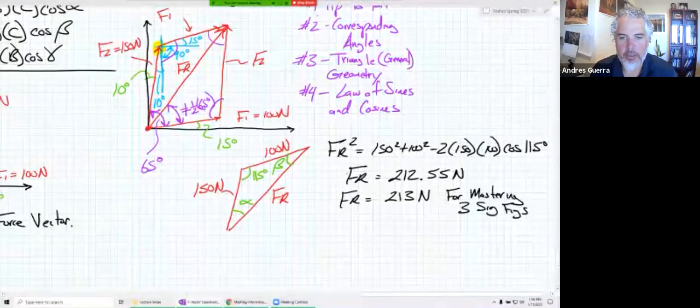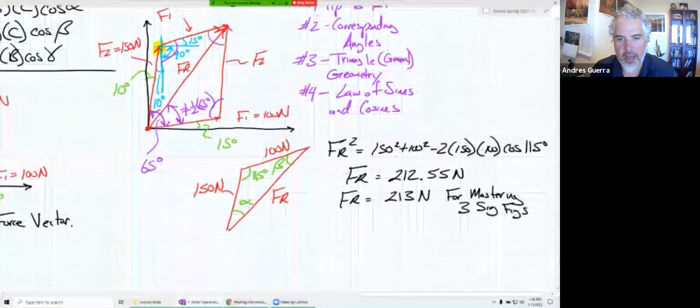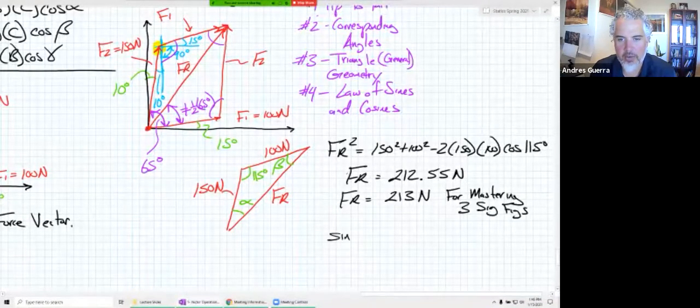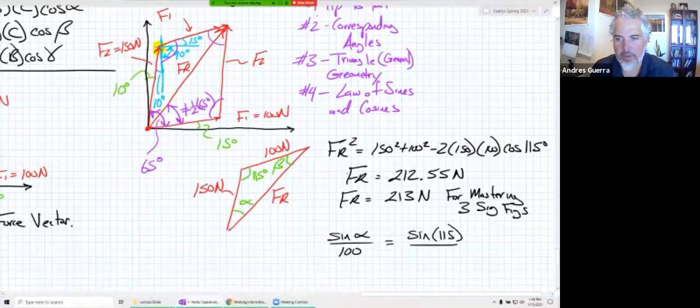at this point, now we can actually use the law of sines here. So we can go sine of alpha over A, the side opposite of that, which is 100 newtons. And that's going to be equal to the sine of 115 over FR.